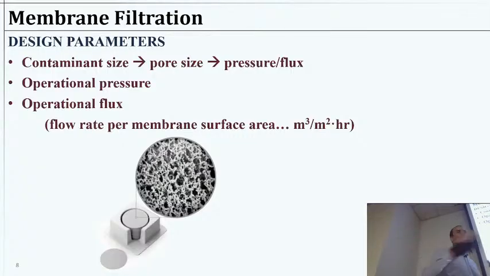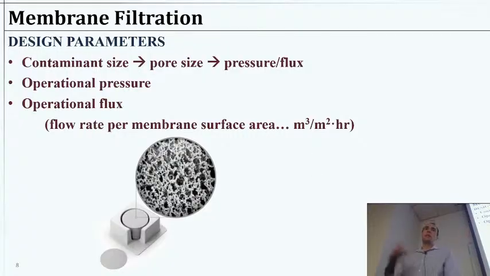That will determine the pressure and flux limitations. Another design parameter would be the flux, right? What kind of flux can we use? Certain membranes can only handle a certain amount of pressure, so that plays in. If we are trying to go such a small pore size, but we wanted to use some material for some reason, maybe we get into trouble because we have to put too much pressure on it to get the flux we need. So there's an interchange of these different pieces, the pressure and the flux being the main ones.